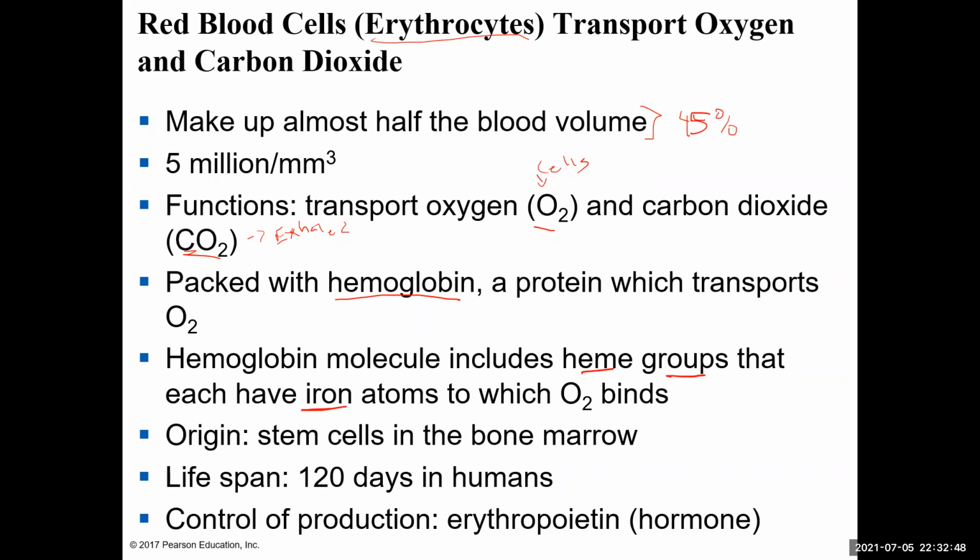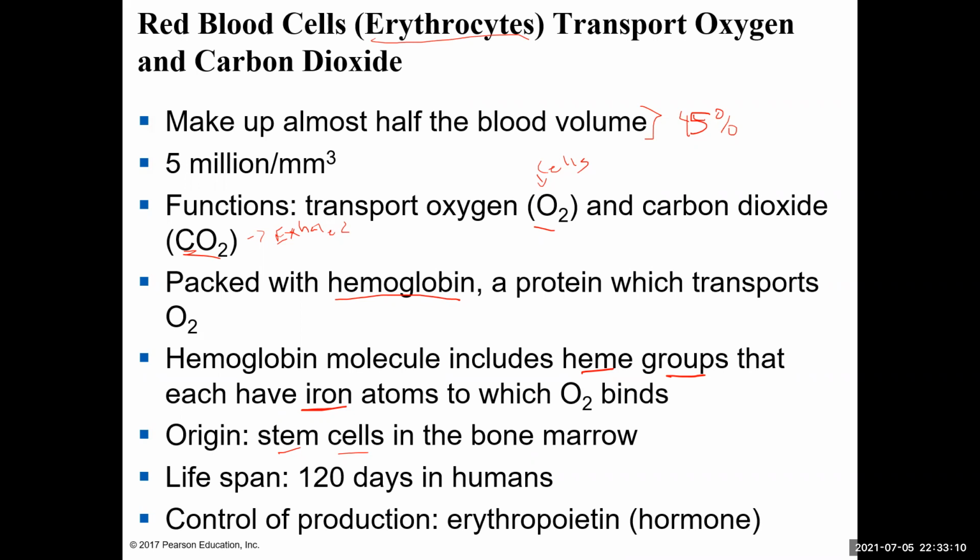Red blood cells originate via stem cells in the bone marrow. They exist for about 3 months in humans, approximately 120 days. Actually, that's 4 months. So about 4 months in humans.